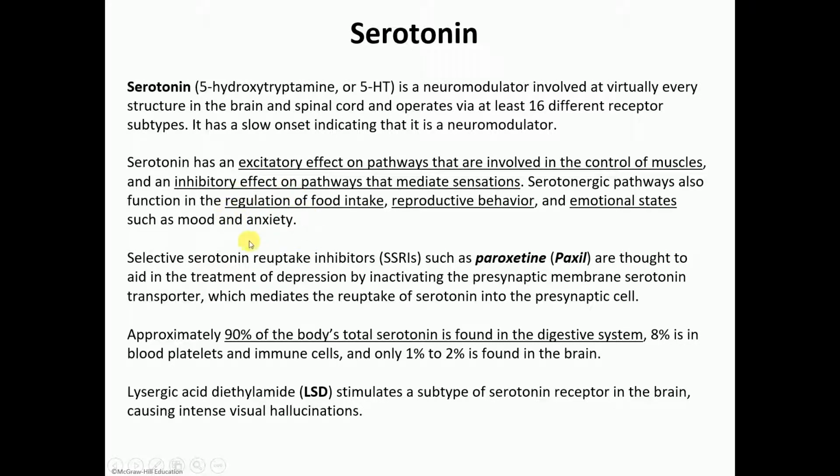An increase in the amount of serotonin can lead to anxiety. One of the drugs used to treat that is paroxetine. Paroxetine is the pharmaceutical name, the generic name, while the commercial name, the name of the actual drug that is sold, is Paxil.